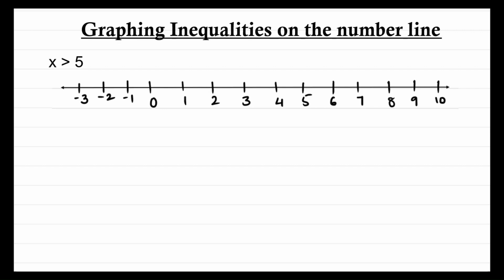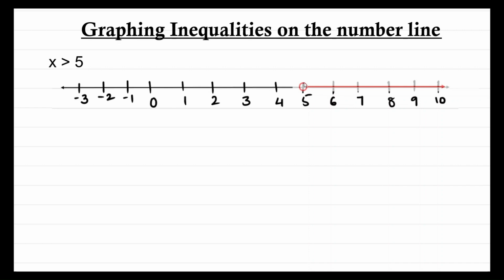So how do we represent it on the number line? This way. Look, this red line represents all the solutions of this inequality. So x is more than 5. That's why this red line is going above 5. All these values which are more than 5 are the solutions of this inequality. And this arrow shows that, of course, it goes on and on.